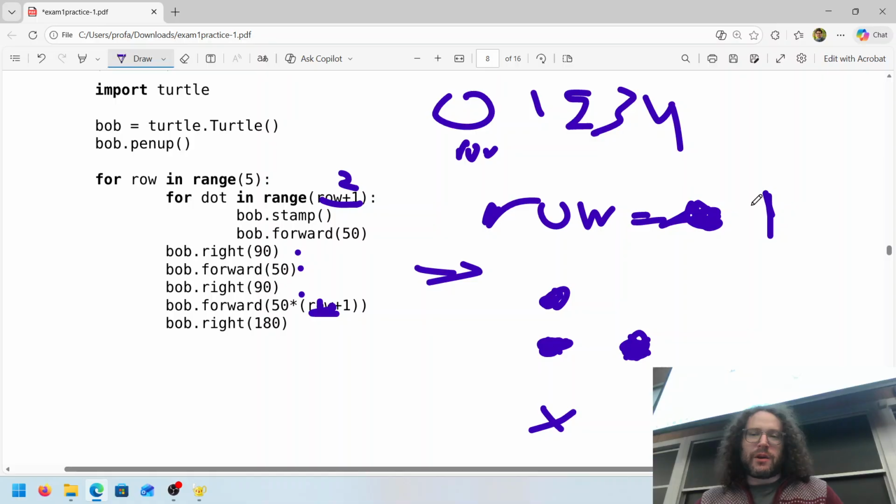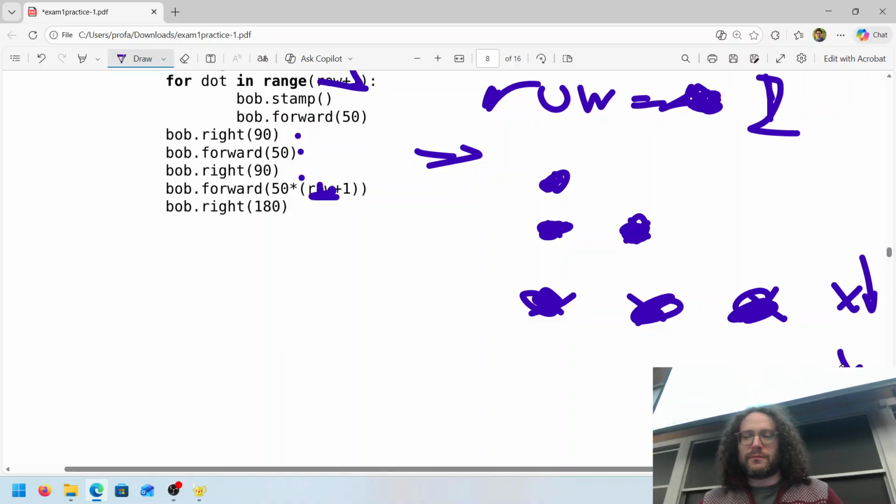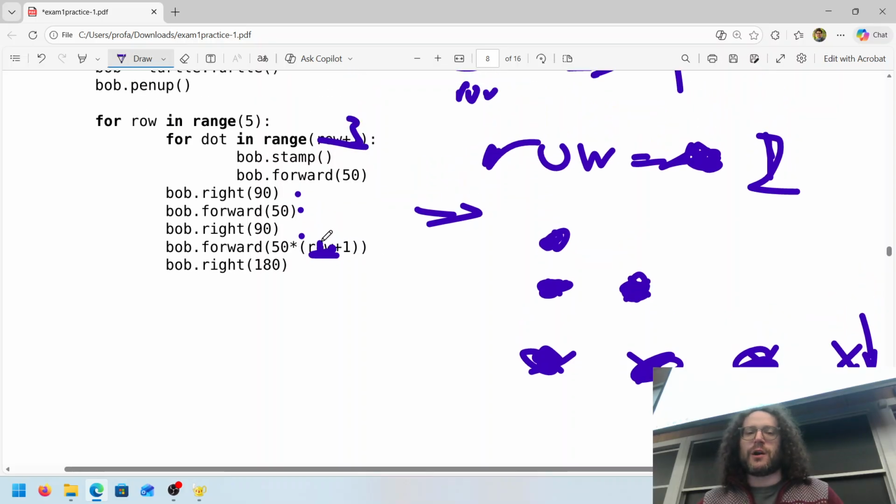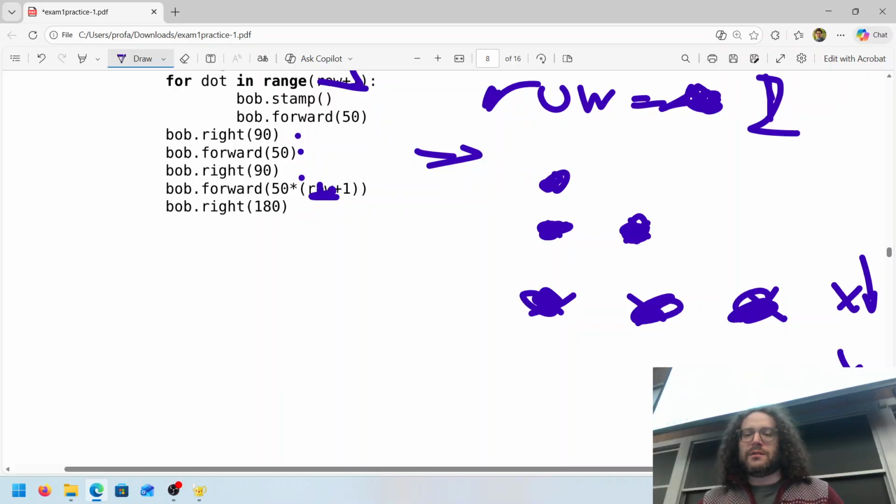Now, row 2. I think most of us are seeing the pattern now, right? And if not, we're about to. So now row is equal to 2. For dot in range, row plus 1. 2 plus 1 is 3. So we do stamp, forward, stamp, forward, stamp, forward. We're over here now. Turn right, move down, turn right, move forward 50 times row plus 1. 50 times 2 plus 1, 50 times 3. 1, 2, 3.